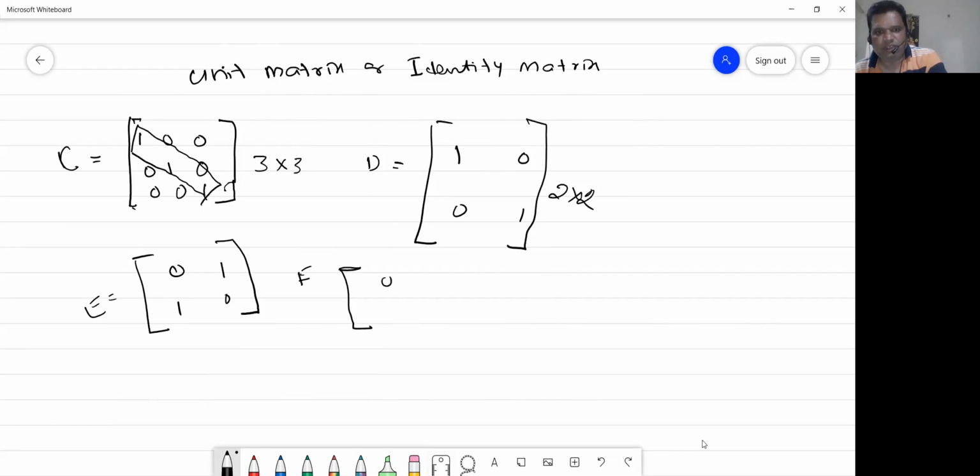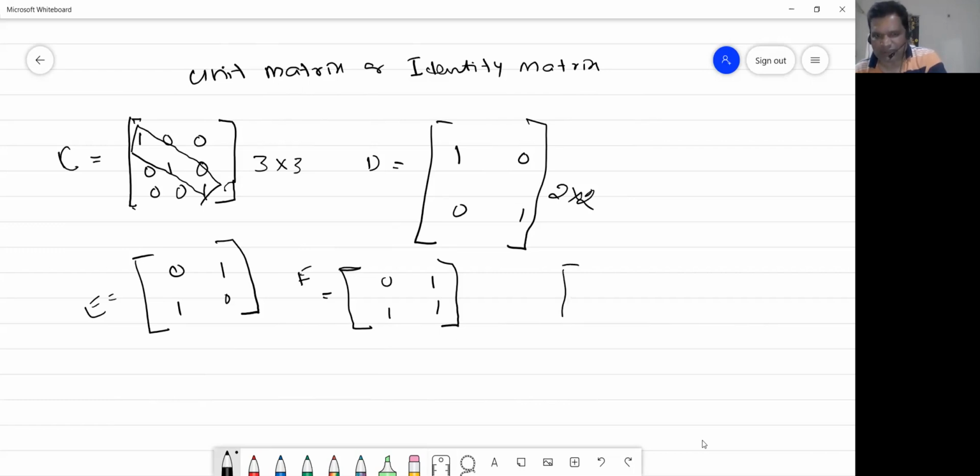Here 0, 1, 1, 1. This is also not a unit matrix because the elements on the principal diagonal are not equal to 1, though the other elements here contain numerical values. One is 0, the other one is 1. So it is not a unit matrix.